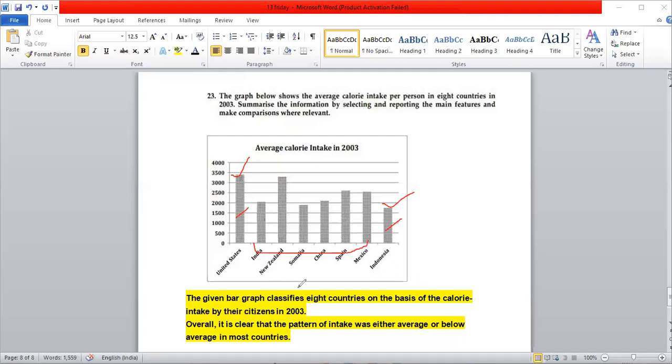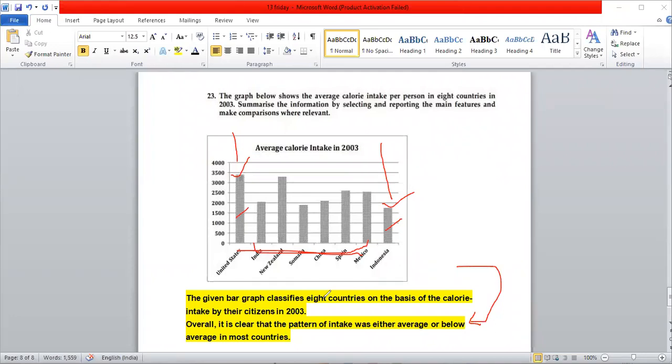I have included all these countries in this overview. I have not mentioned only the United States or only Indonesia. I mentioned all the countries. Most of the countries are in these groups, and some countries are outside. So the story is covered.